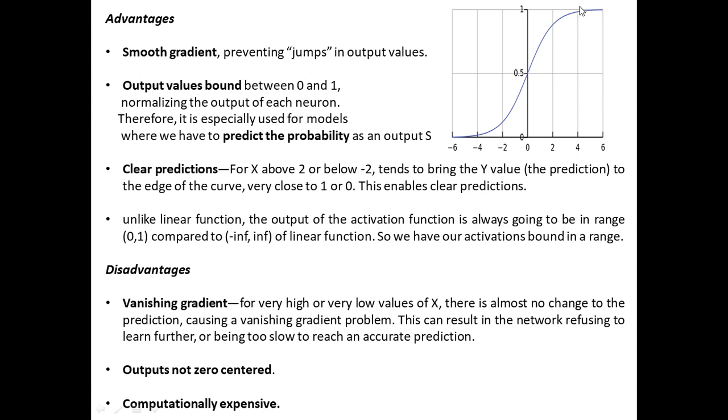The vanishing gradient problem is that at this part the network is going to refuse to learn, because no significant change can be identified either at this place or this place. So the network refuses to learn, or the network is too slow to reach an accurate prediction. This problem is called vanishing gradient.